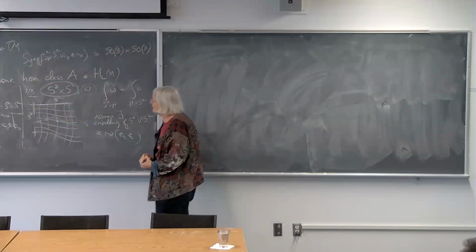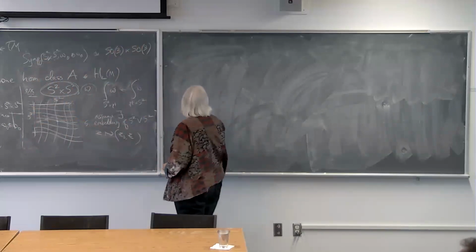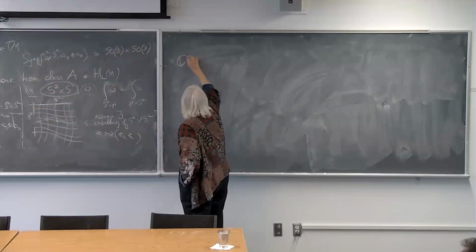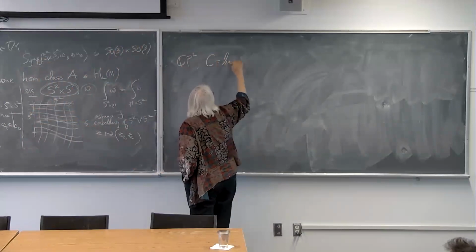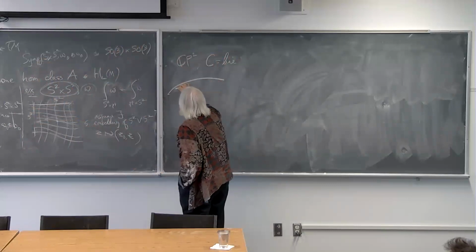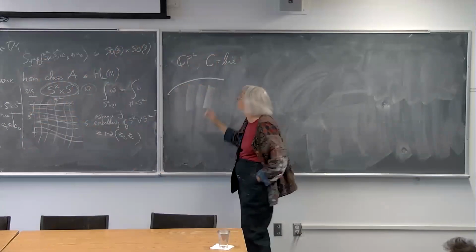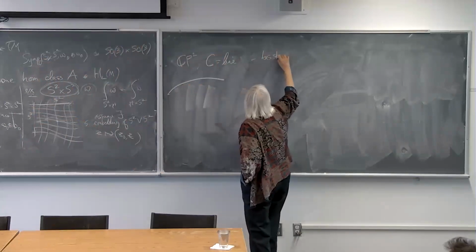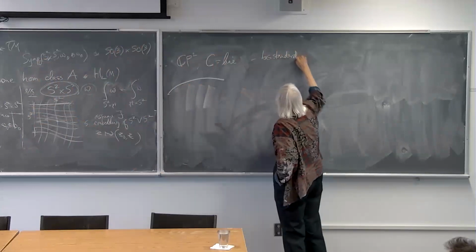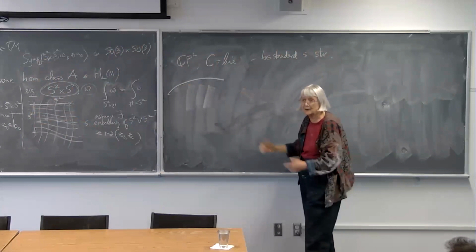Now, so that's one of the theorems he proved, and he also proved a similar theorem about CP2. If you take CP2 and you assume you have a curve in here, which is in the class of a line, then the only thing the complement can be is a ball. And so this again has a standard symplectic structure, just the usual Fubini-Study form on here.